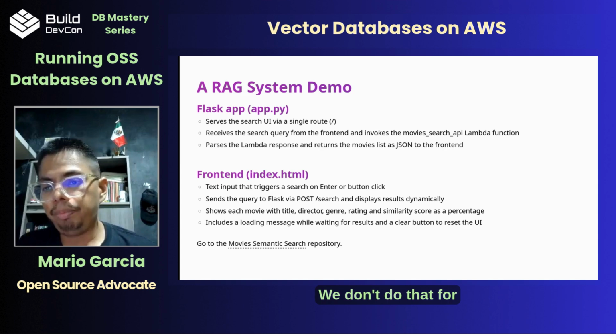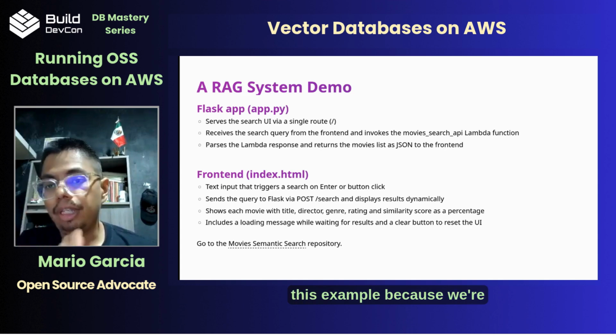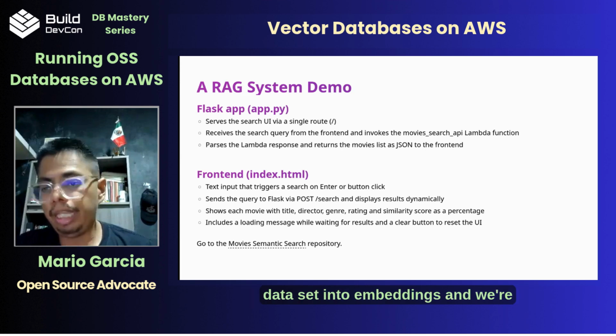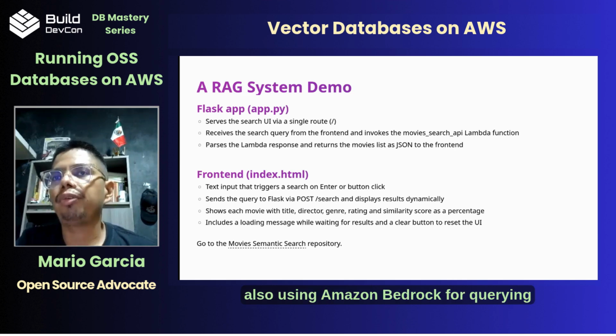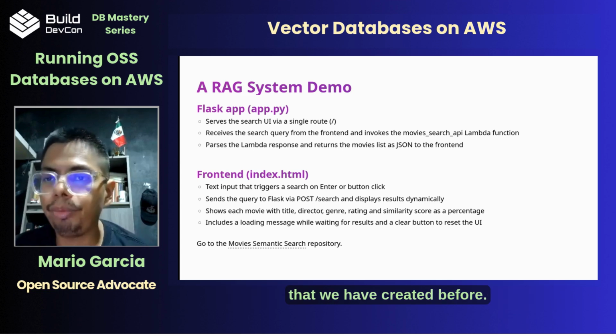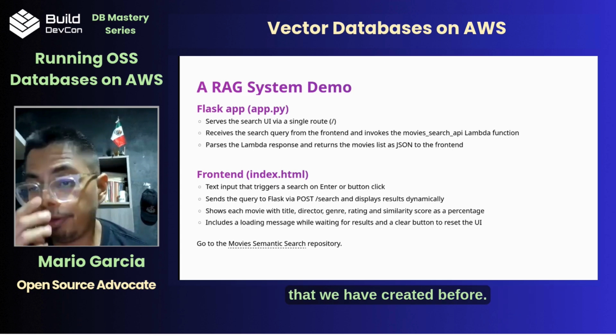We don't do that for this example because we're using Amazon Bedrock for converting the data set into embeddings, and we're also using Amazon Bedrock to query the data from the database through the application that we created before.